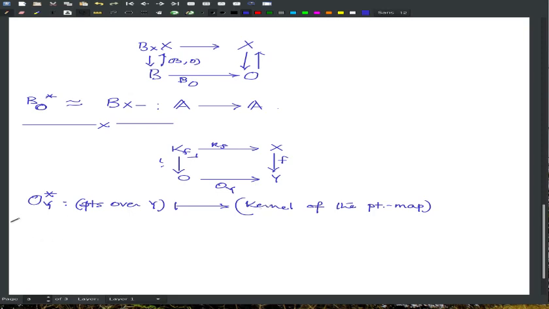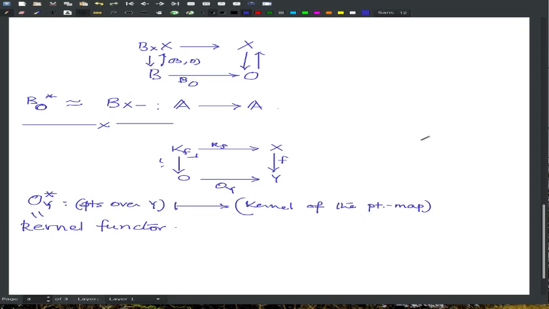So this is nothing else but the kernel functor.